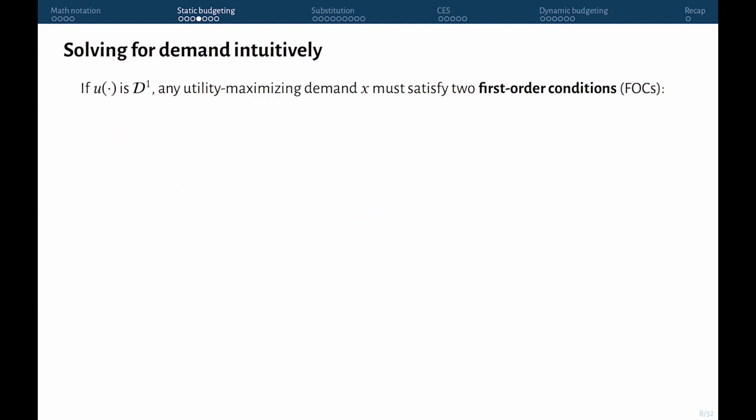Okay, so let's say we've got a differentiable utility function. We want to find that utility maximizing demand. If you've done first year micro or even the math camp before starting an econ PhD or master's program, you'll get all into the technicalities here and very rigorously go through what are called the Kuhn-Tucker conditions.